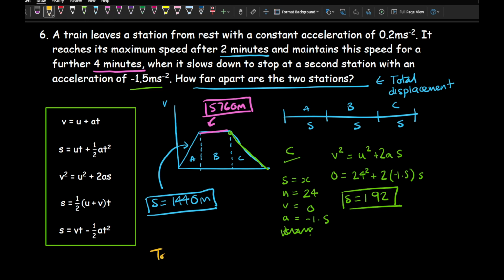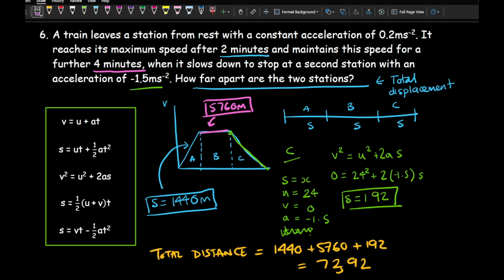So the total distance or displacement, whichever you want to call this, is going to be 1440 plus 5760 plus 192, which gives me a grand total of 7,392. Let me just write that a little bit neater. And again, don't forget the units, and there we go.